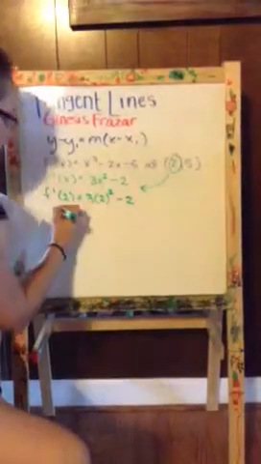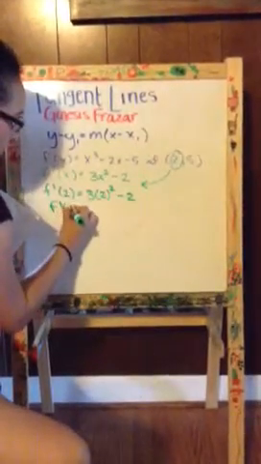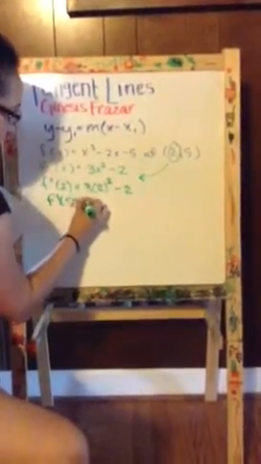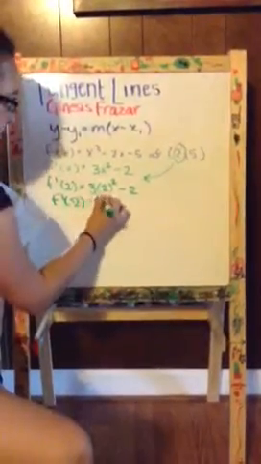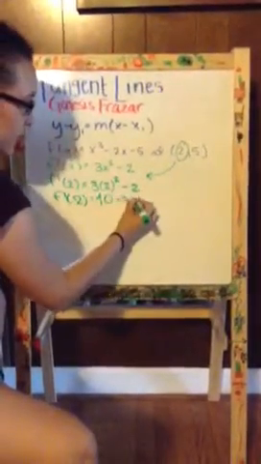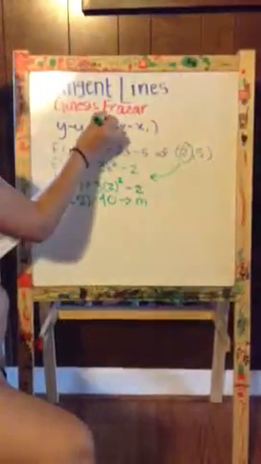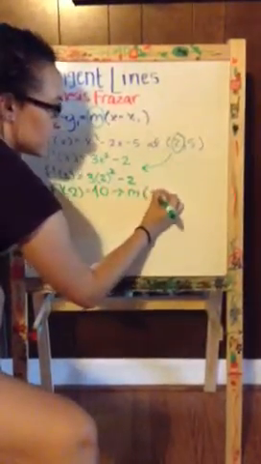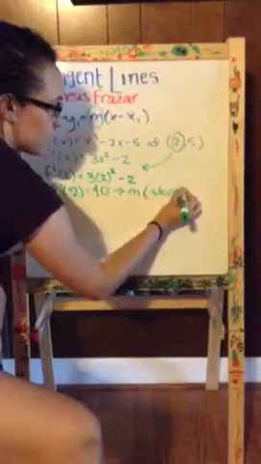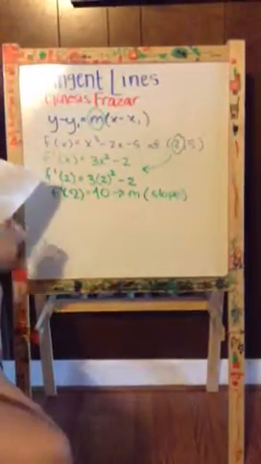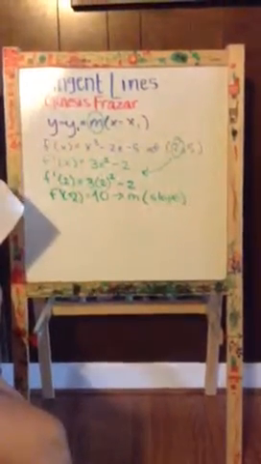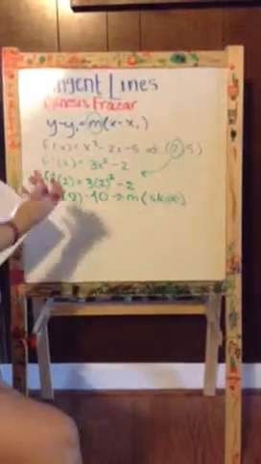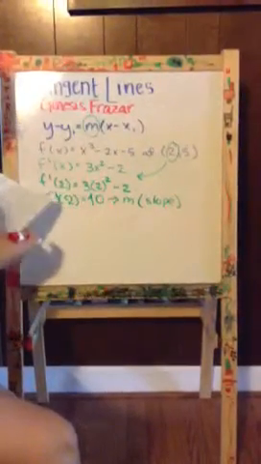And then this will give you 10. And this will be your m in your tangent line formula, which is your slope. Now we have the given formula that we need to make this tangent line.